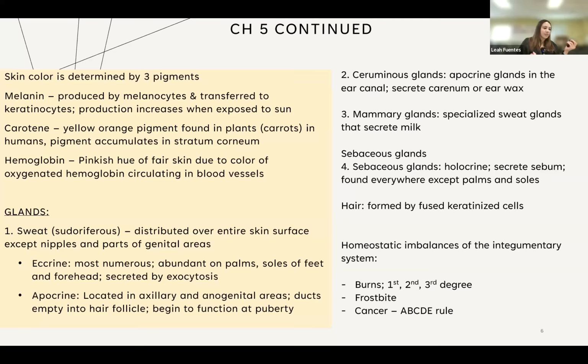This is a tool used to recognize a melanoma spot. A stands for asymmetry, B, border irregularity, C, color, D, diameter, and E, elevation. So if you have or know someone with a weird spot on their body, these are the things to look out for.